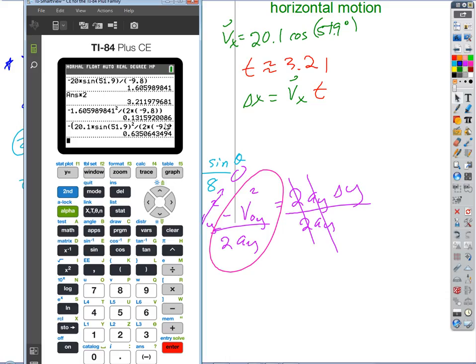Okay, why is that so small? Oh, you guys see what I did wrong? I see it. I did negative 20.1 times sine of 51.9 squared instead of doing the whole thing squared.